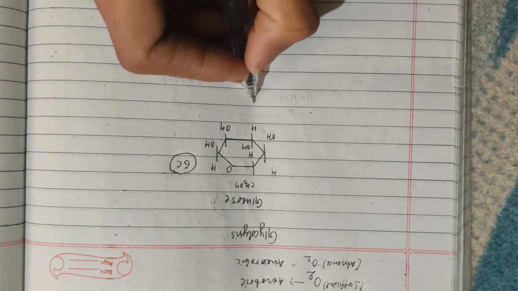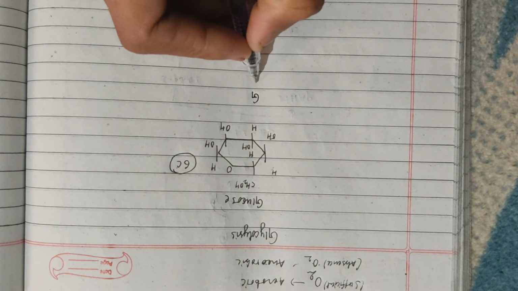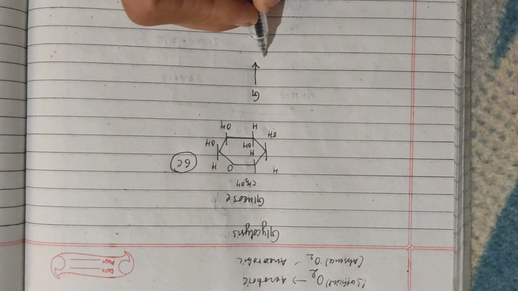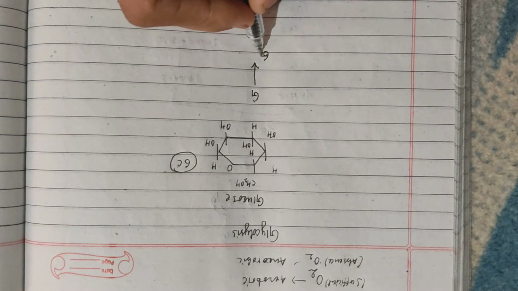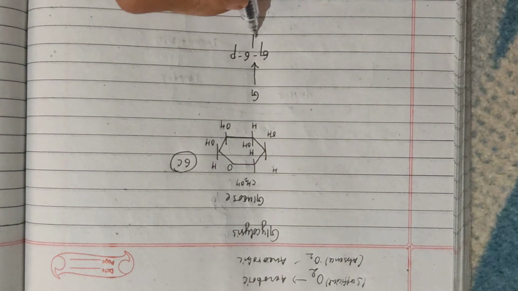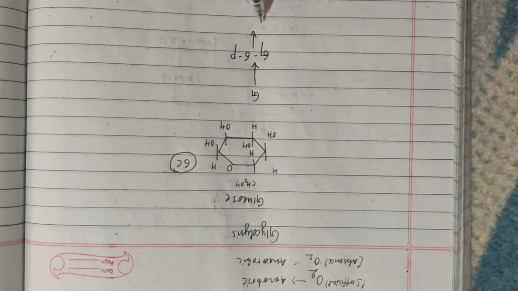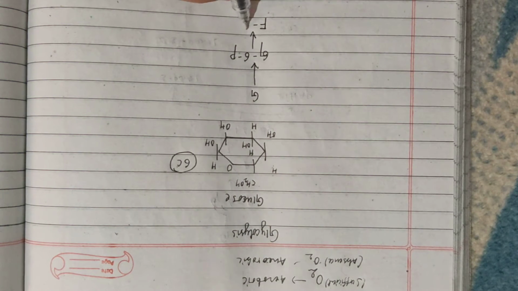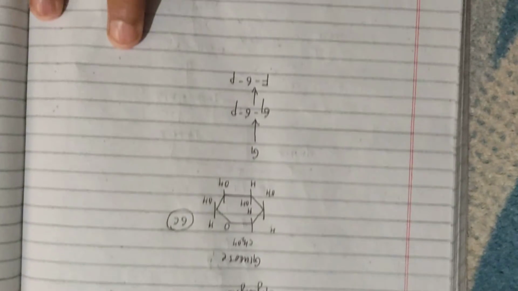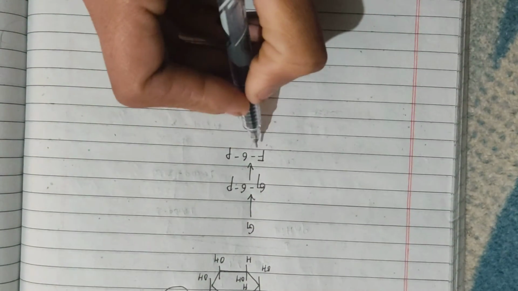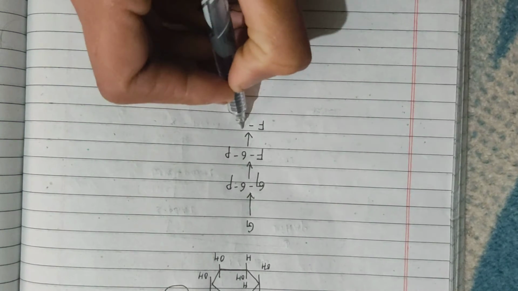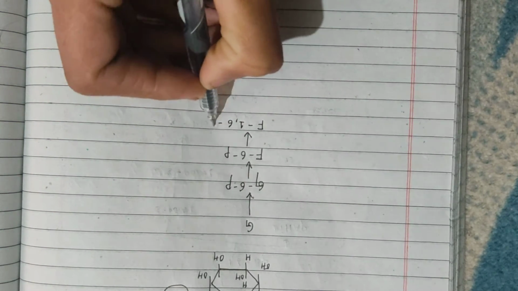Glucose first gets converted into glucose 6 phosphate, then glucose 6 phosphate is converted into fructose 6 phosphate, then fructose 6 phosphate is converted into fructose 1,6 biphosphate.